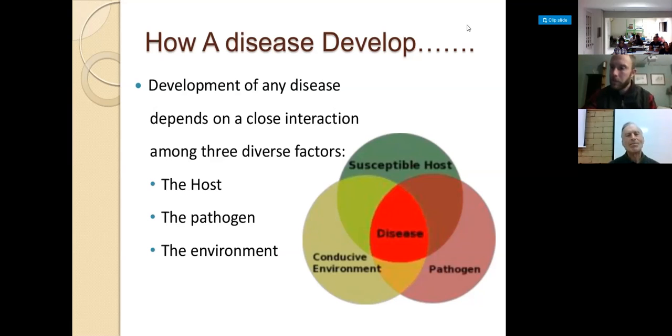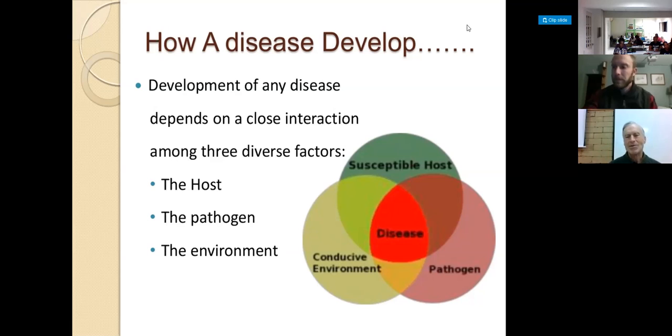So this is another look at the disease triangle. I like this one because it's like three circles, and where the circles overlap, that's where you have disease. It has to be all three circles overlapping in order to get the disease. The environment will have a lot of different characteristics. Sometimes it's wet, sometimes it's dry, sometimes it's windy, sometimes it's still.